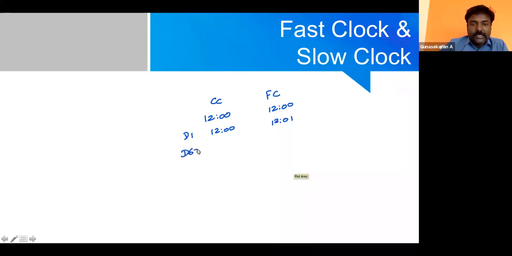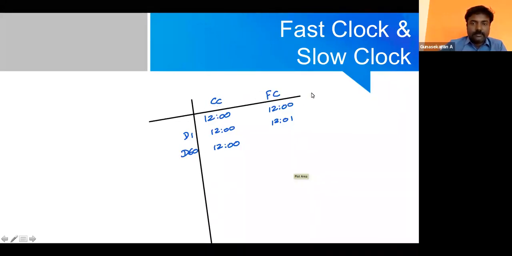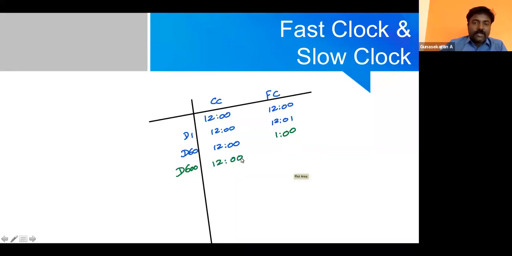On day 60, when the correct clock shows 12, what is the fast clock time? 1. Right? Wait. On day 600, when the correct clock shows 12, what is the fast clock time?